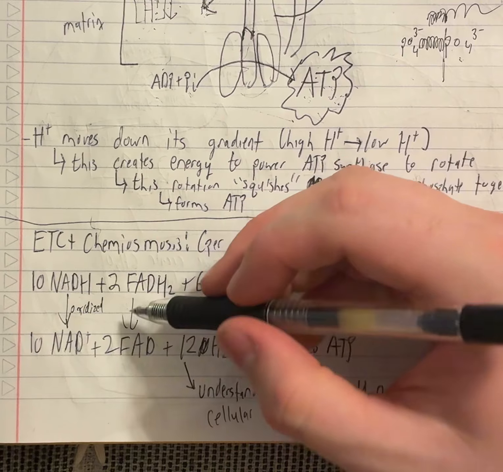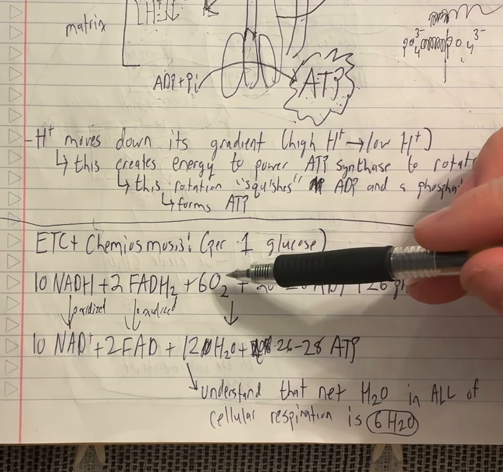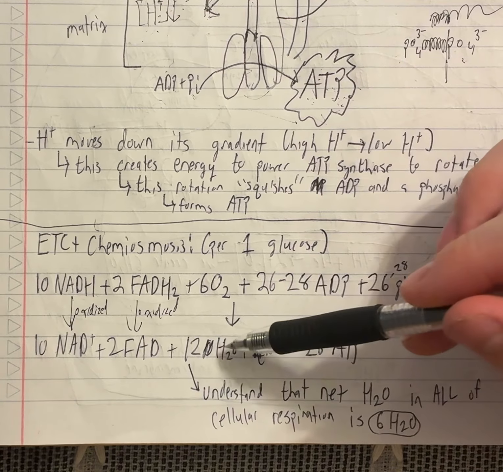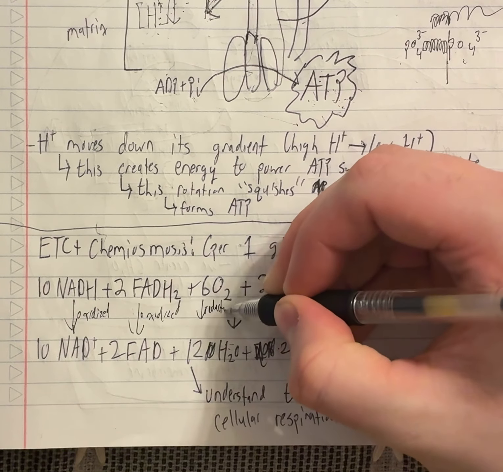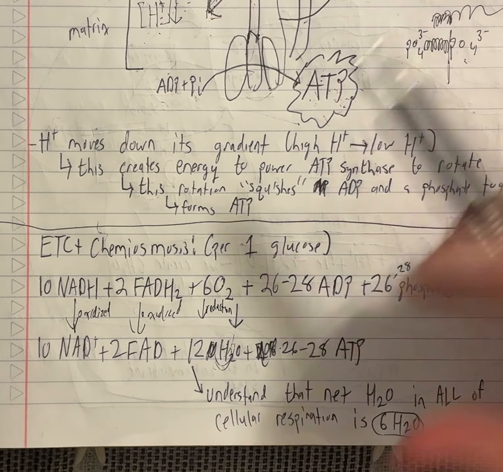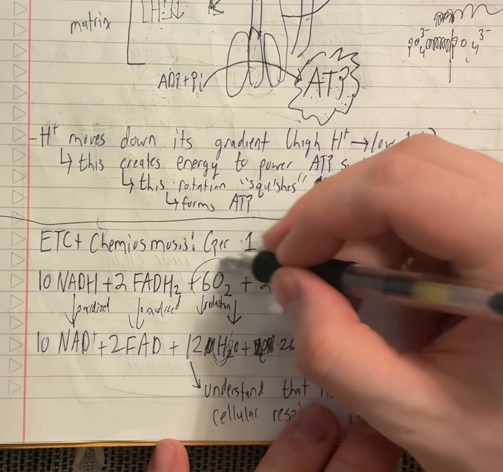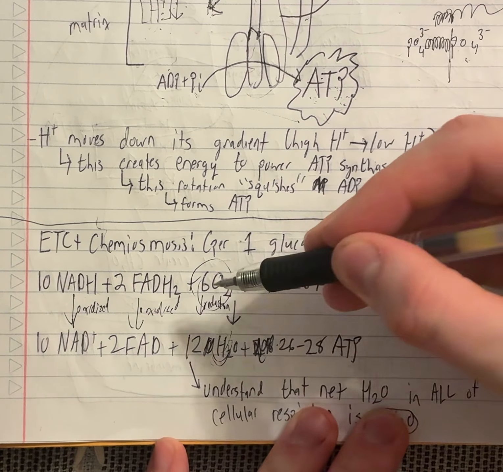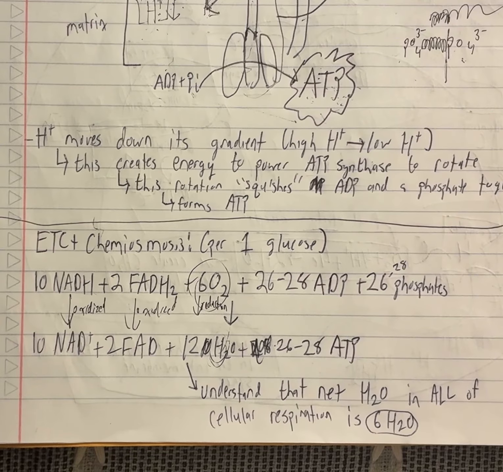Same thing with FADH2, it's going to get oxidized too. And then we have O2 going to H2O, which is going to be our reduction, because we're gaining some electrons. Remember, we took those electrons and added them to oxygen, because oxygen is the final electron acceptor. Can't say it enough, probably will be a test question.